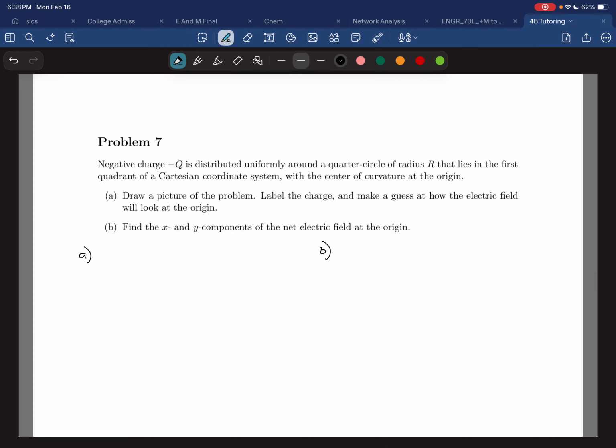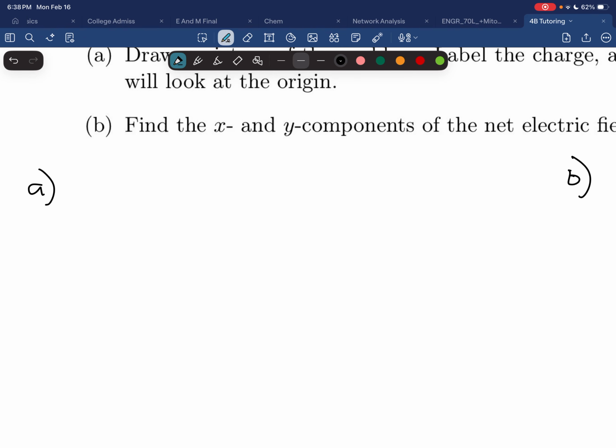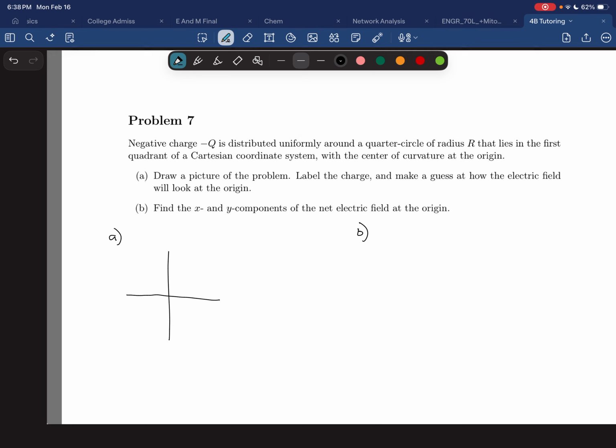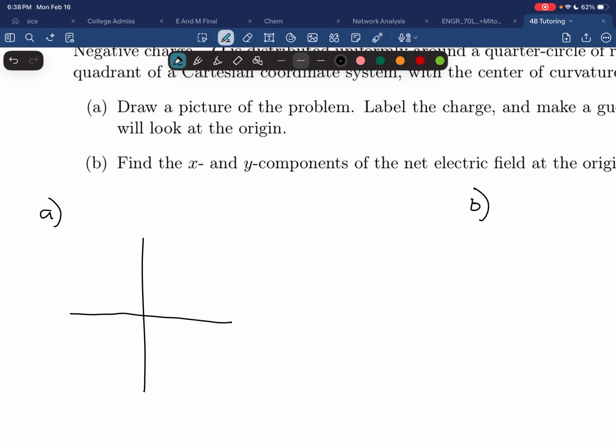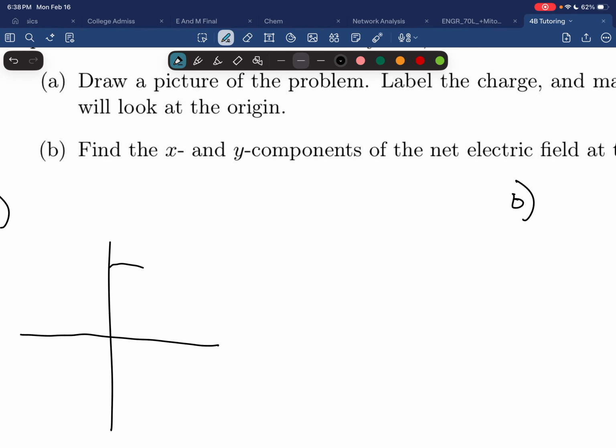So in problem 7, we can see that they have not given us a picture, so we should start off by doing that. Now it says that it is a negative charge of big Q, meaning that anywhere on this plane the electric field vector will point inwards, or in other words towards the charge distribution.